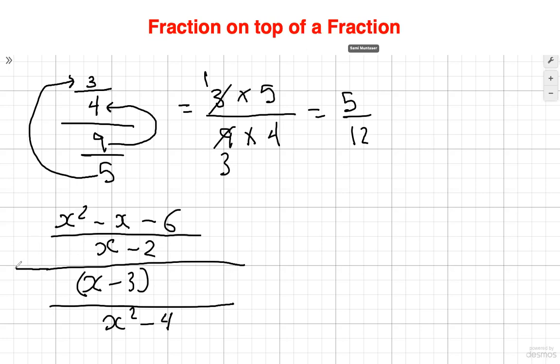So this is the main fraction right here. So this is your division sign. You remember, like if you have a fraction on top of a fraction, it's like this fraction is divided by this fraction. There are other ways that you can do it as well. But let me just take something similar to this.